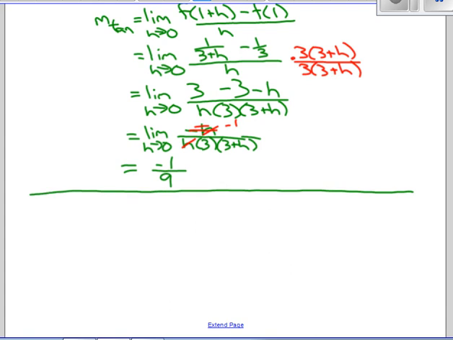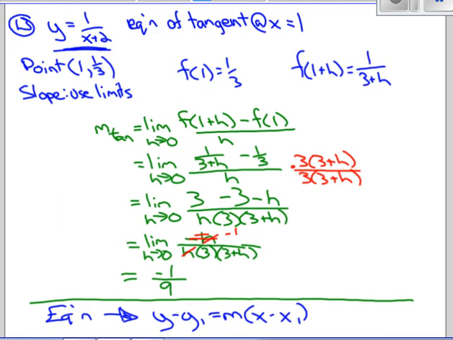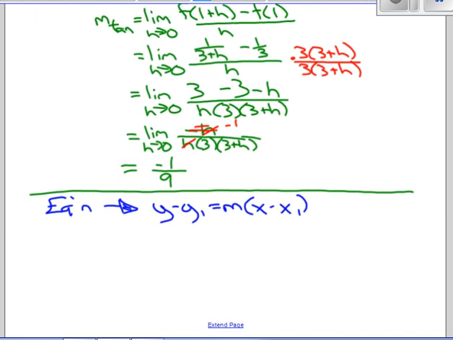Now the last thing we need is the actual equation. And that comes from the point-slope formula. And this needs to be memorized. Y minus y1 equals m by x minus x1. We said that y1, the point, right up here, the y value is a third. So y minus a third.